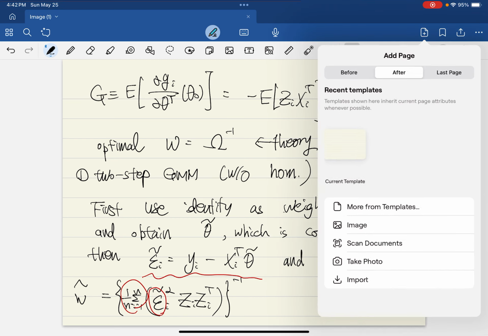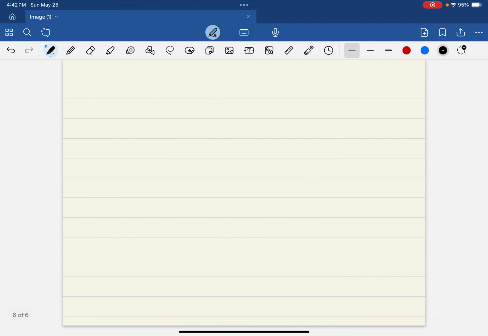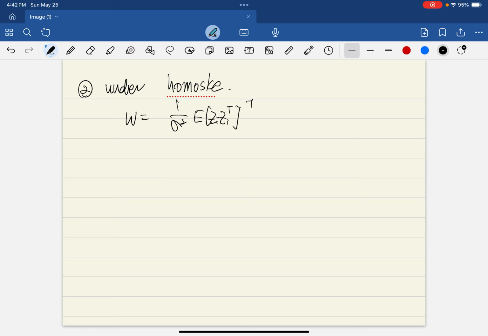Or another way is under homoscedasticity, the optimal weight is its inverse, right? Homoscedasticity allows you to factor out sigma squared.